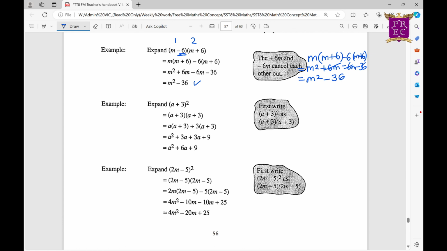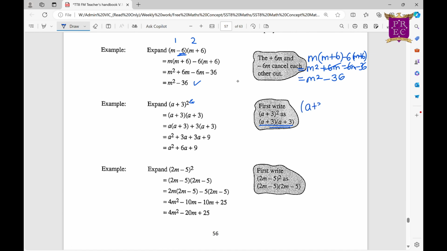Okay, if you get an expression that's bracket a plus 3 bracket, and then it says squared, you're writing it out like this. So it just means the same bracket multiplied by itself.